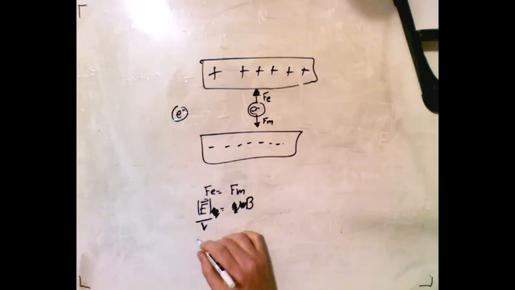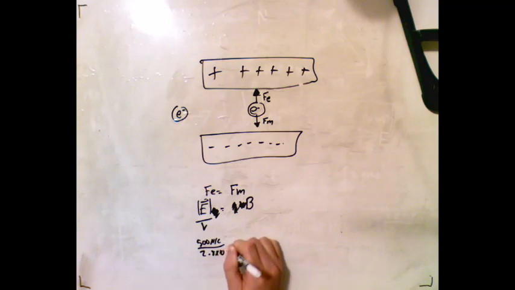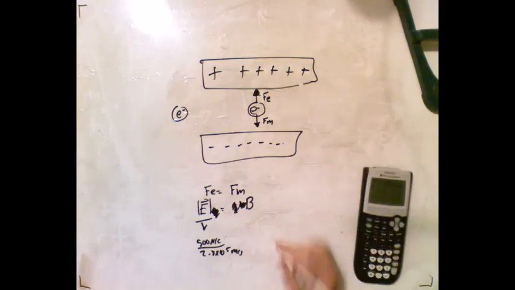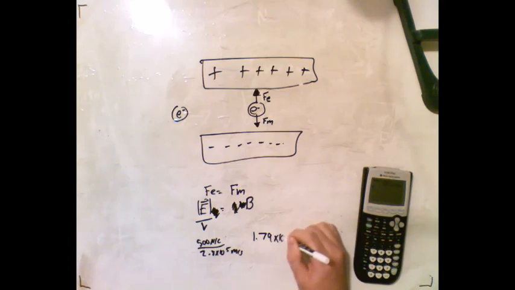It tells me that I have a 500 newton per coulomb electric field, and my speed is 2.8 times 10 to the 5 meters per second. So to find my magnitude, 500 divided by 2.8 times 10 to the 5, I end up getting 1.79 times 10 to the negative 3 teslas.